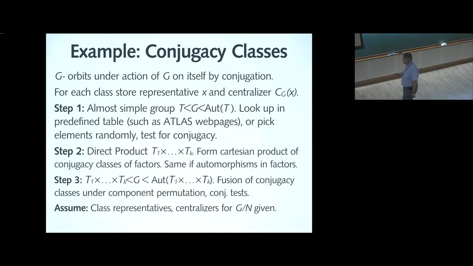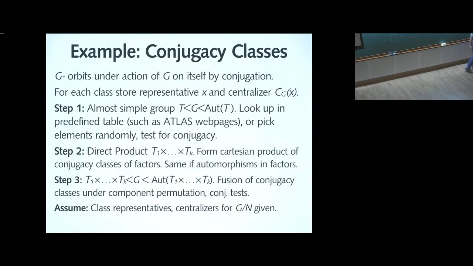And what will happen is that some of these classes in the direct product will fuse together under this action by permuting components, and I have external classes which come from the actual outer automorphisms. So there I need to do some further tests, but basically this will get me the conjugacy classes for this factor. So let's assume we have gotten these.